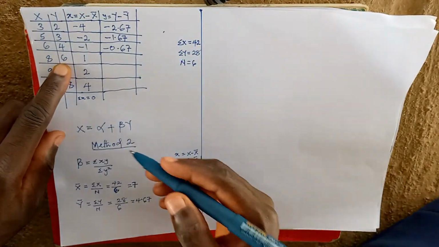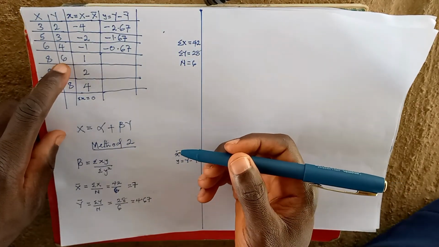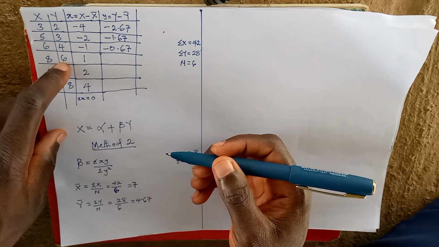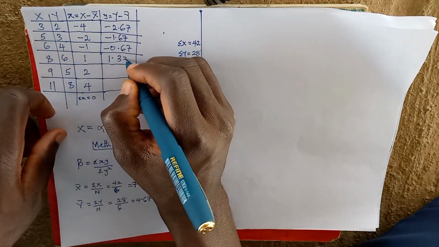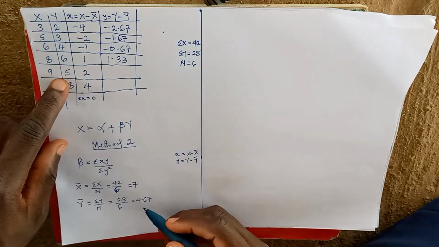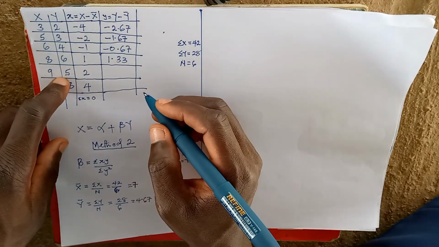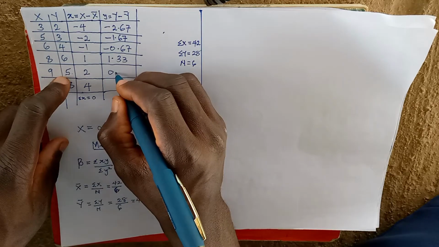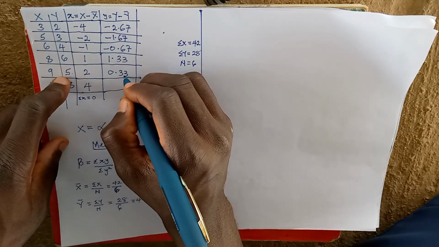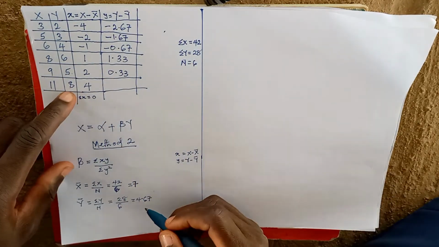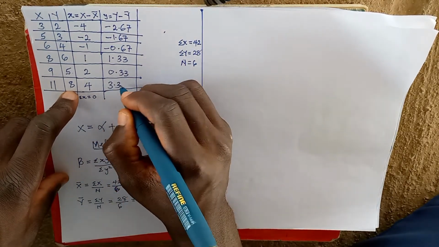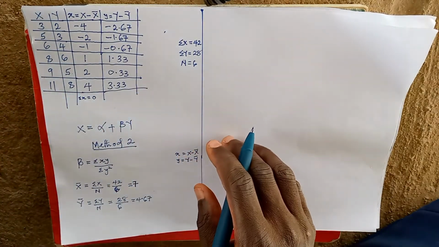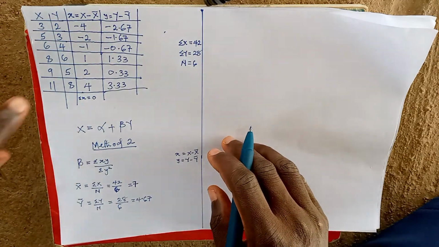Now 6 minus 4.67 gives us 1.33. 5 minus 4.67 gives us 0.33. Then the last one, 8 minus 4.67, gives us 3.33. Now we've gotten the small value of y.